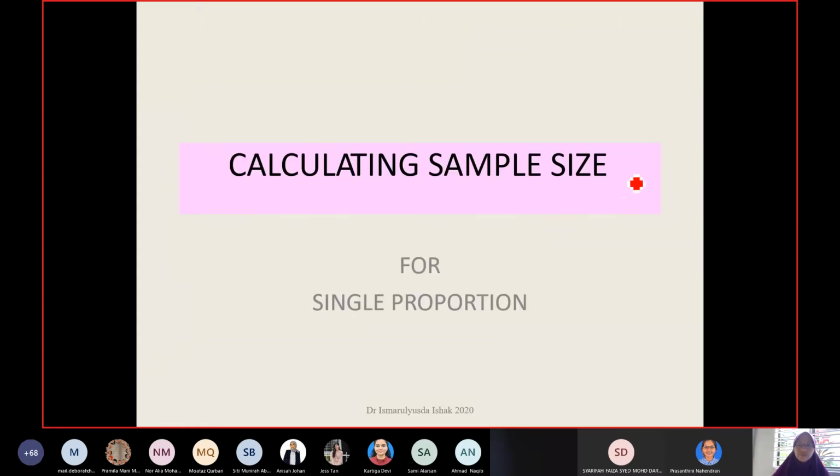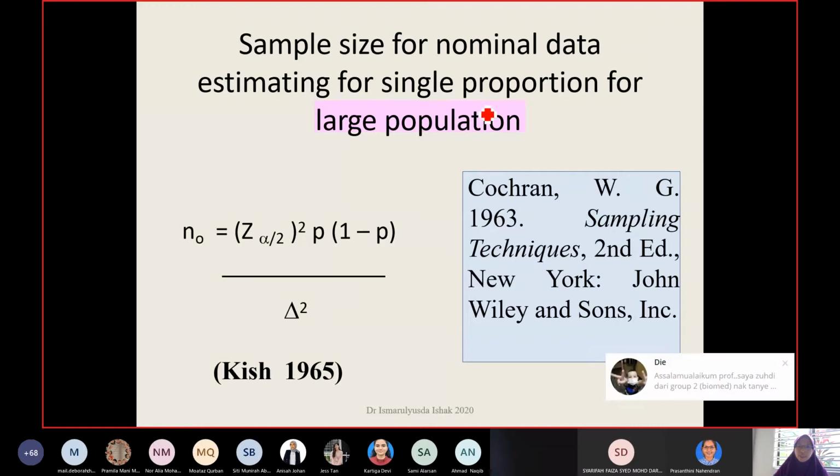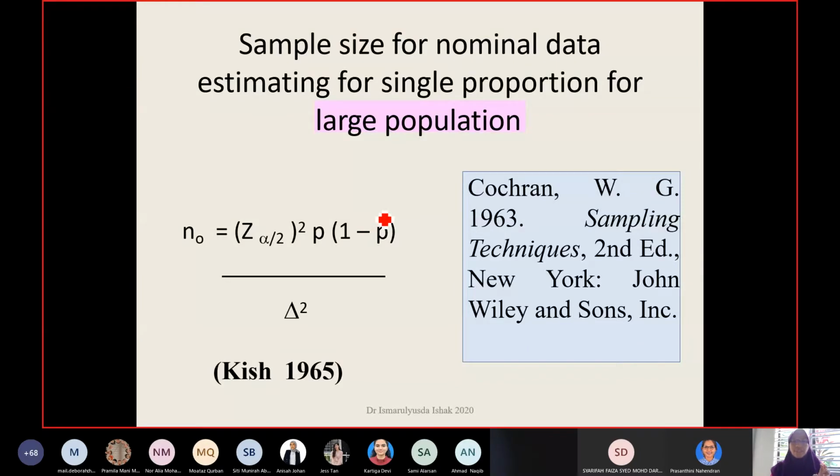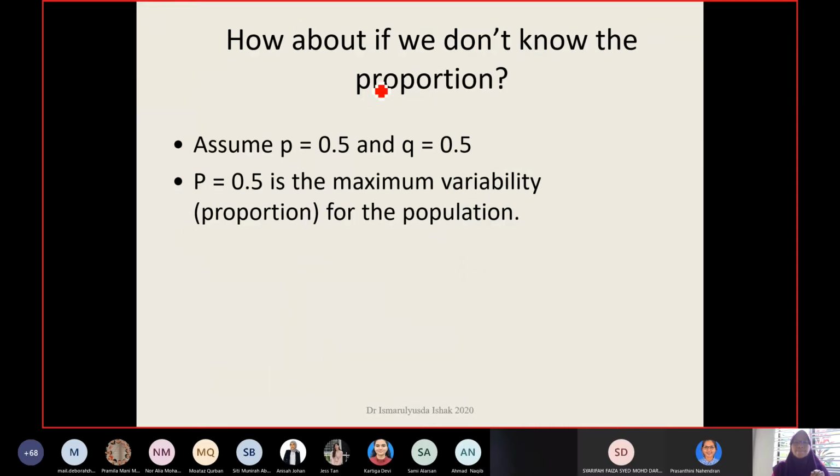Okay, single proportions. This is if your research question is to study the prevalence, the rate, the proportions. This is the formula: Z squared P times (1 minus P) divided by delta squared.